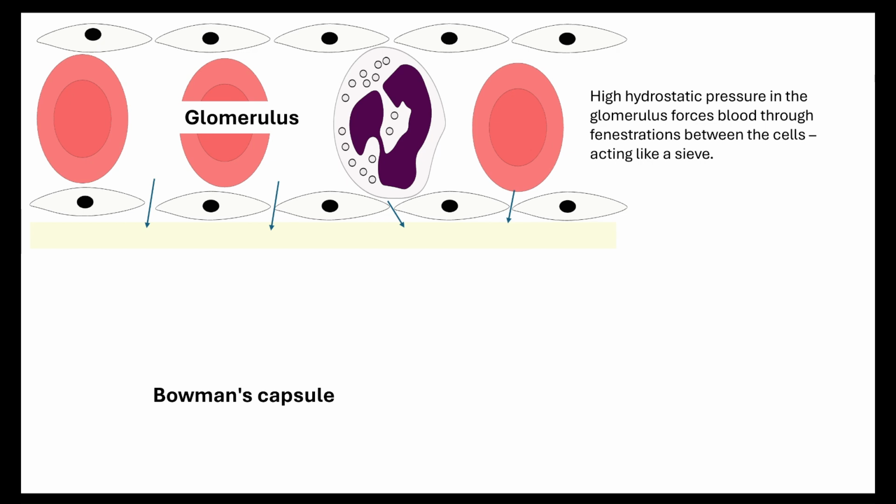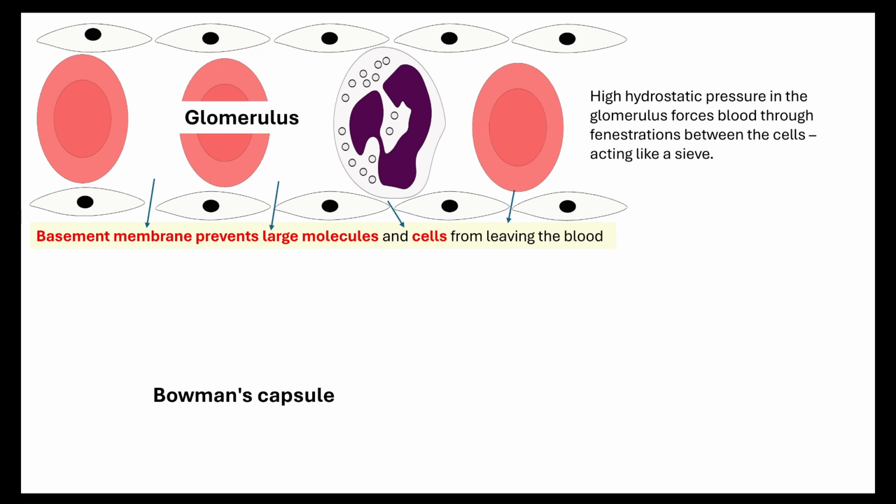It's not just about the fenestrations. There's also a basement membrane. The basement membrane prevents these large molecules, these proteins, and also our erythrocytes and blood cells from squeezing through into the Bowman's capsule. So we're filtering, which is why it's called ultrafiltration, because we're only allowing small molecules through.